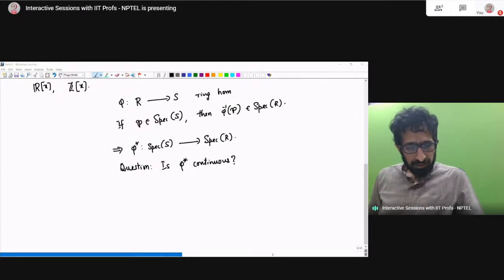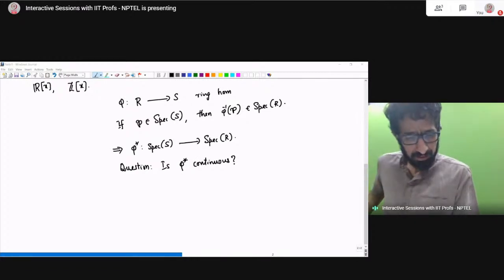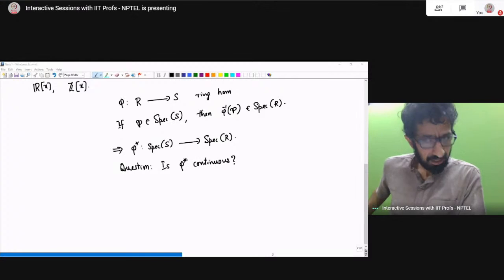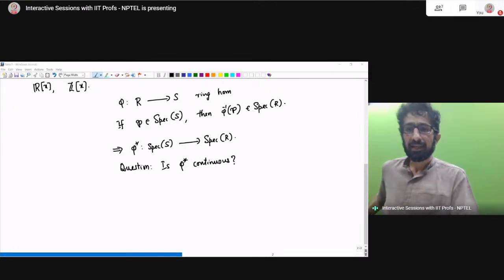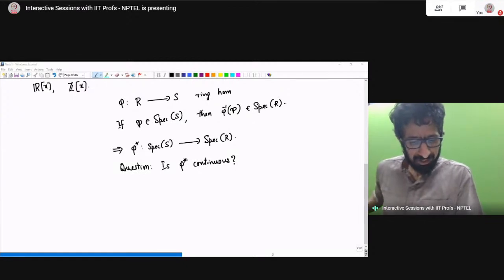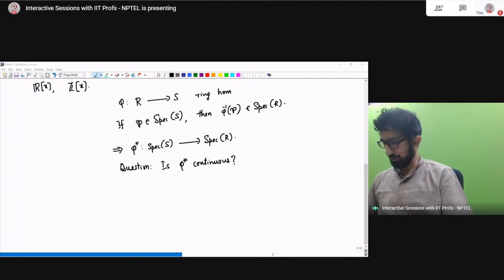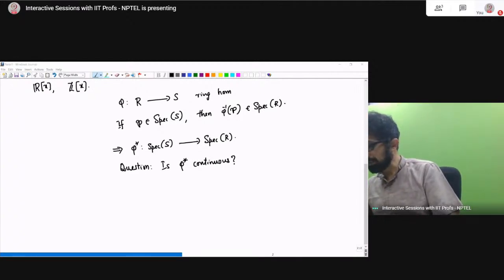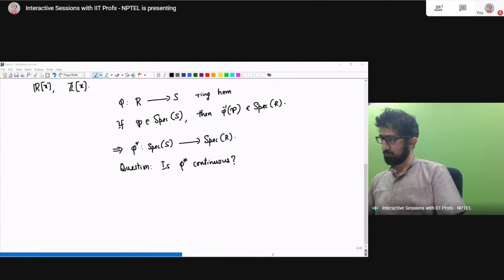Okay, so I have gotten a printout question. Yeah, I think Neha Kumari has asked this question. What is the significance of Nakayama lemma? Okay, so let me. Oops.